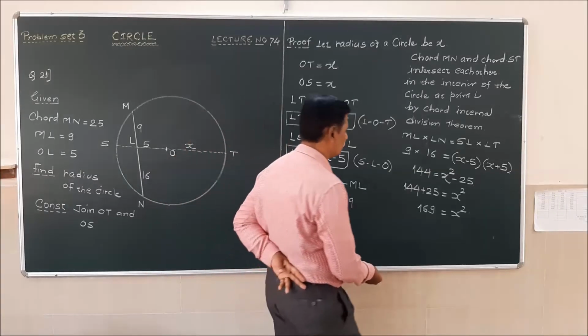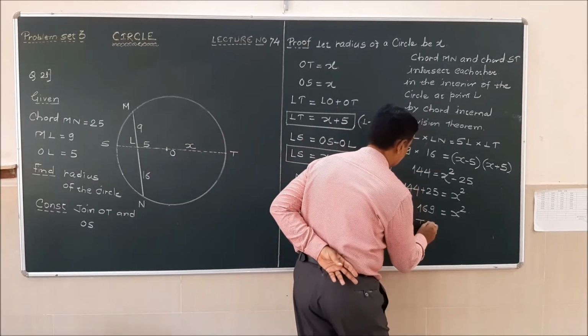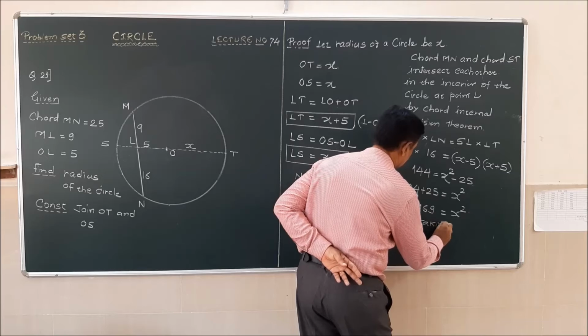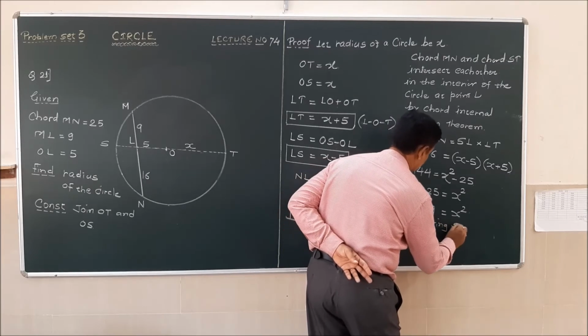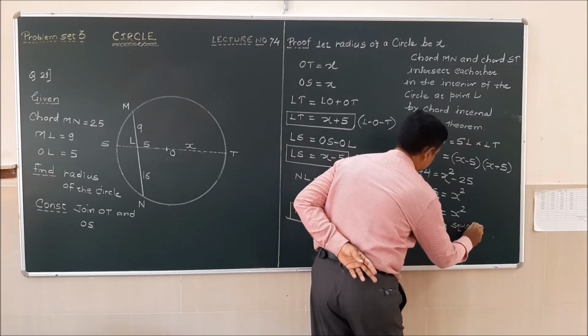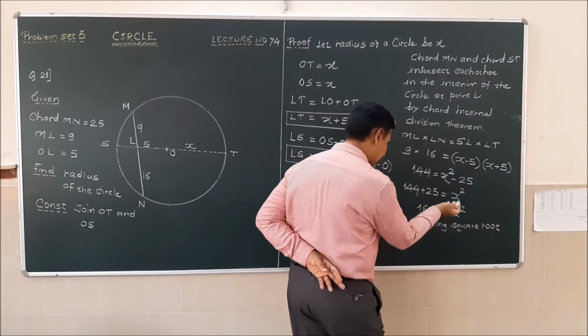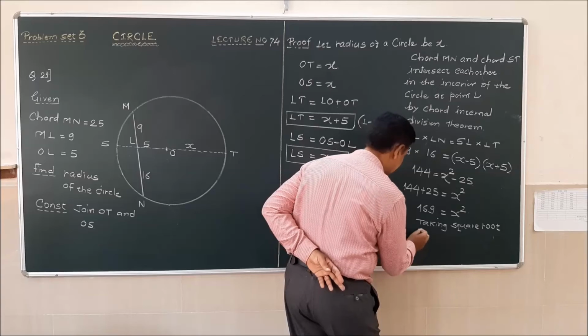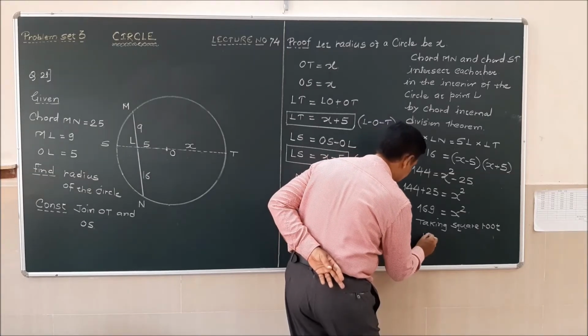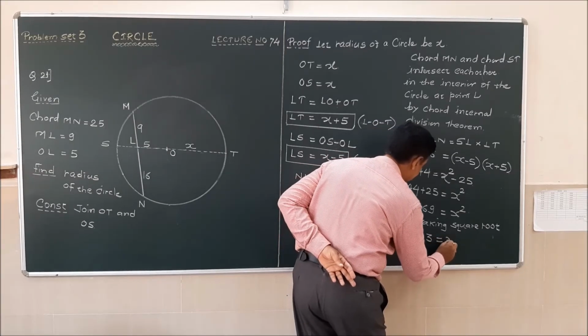Taking the square root from both sides. If you take the square root of 169, you will be getting 13 is equal to x.